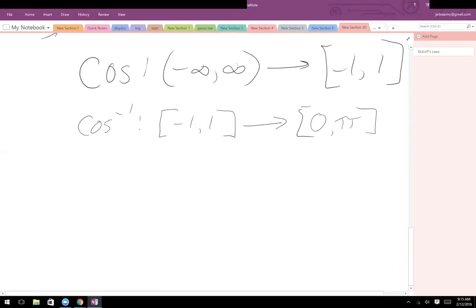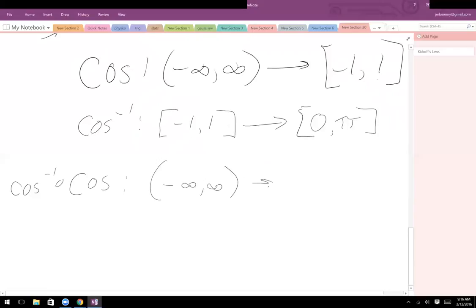So if you compose them together, inverse cosine of cosine: for the domain, we can put anything we want into cosine. We'll get out something in -1 to 1, which is in the domain of inverse cosine. So we can plug in anything we want. So the domain is -infinity to infinity.